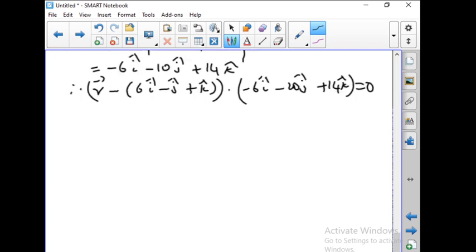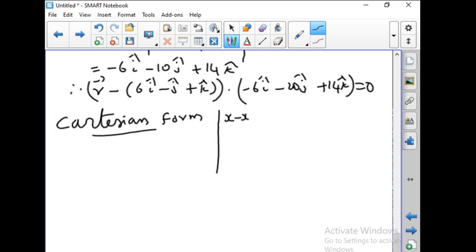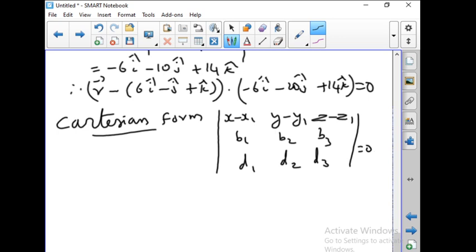So what about the Cartesian form? Cartesian form, same as that one: the determinant of x minus x1, y minus y1, z minus z1, b1, b2, b3, d1, d2, d3 is equal to 0.